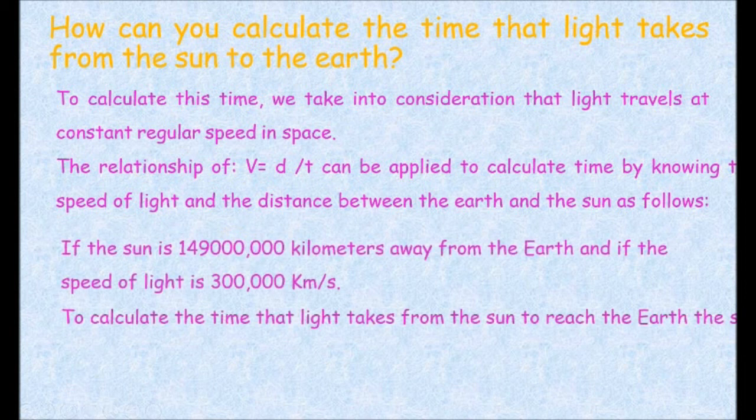The distance between Earth and Sun is 149 million kilometers, and the speed of the light is 300,000 kilometers per second. So we have the two pieces of information, and we need only to calculate the time. The speed of light equals distance divided by time.